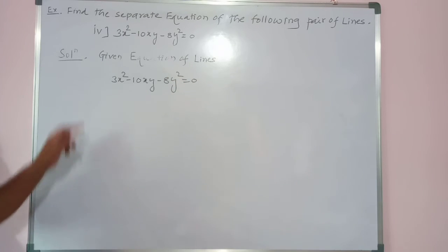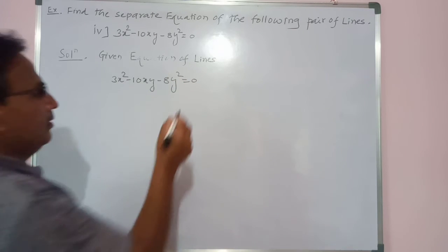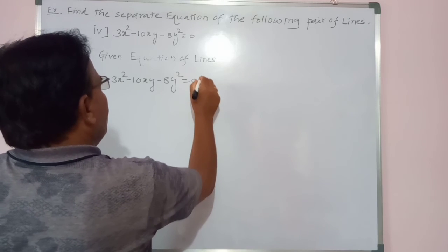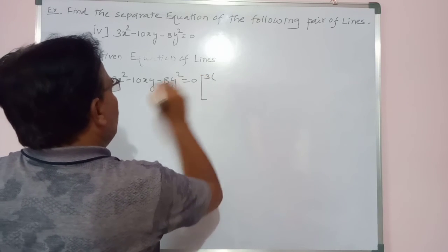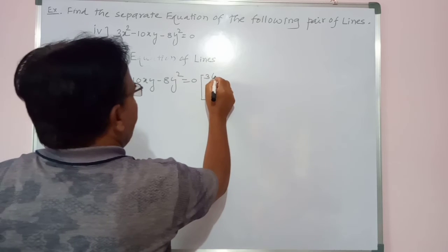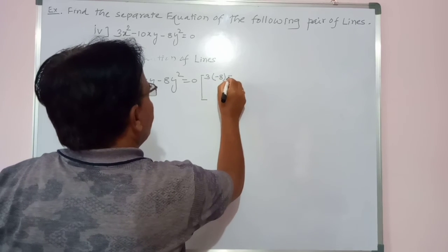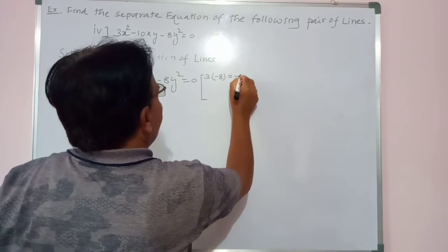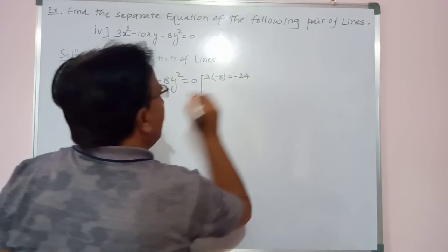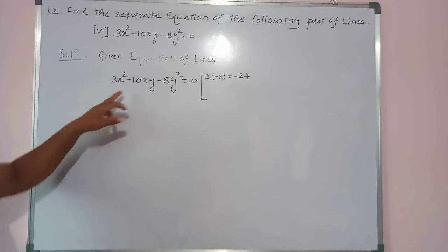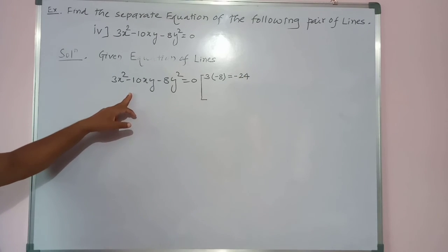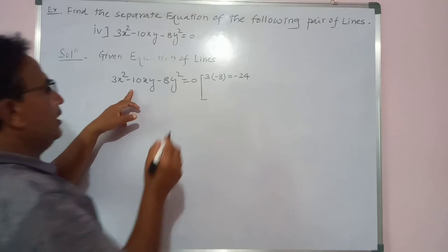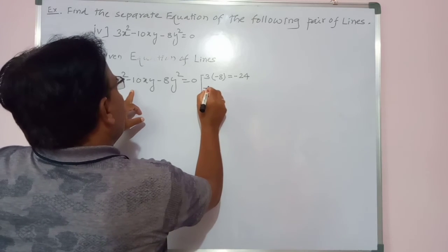The multiplication of the first and third terms: the coefficient of x² is 3 and the coefficient of y² is −8, so 3 into −8 is −24. We adjust the middle term −10xy.